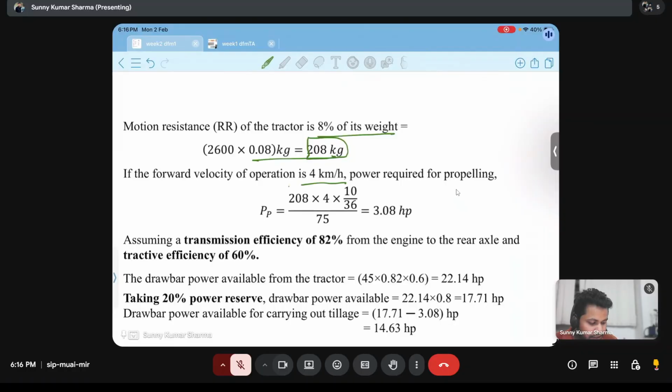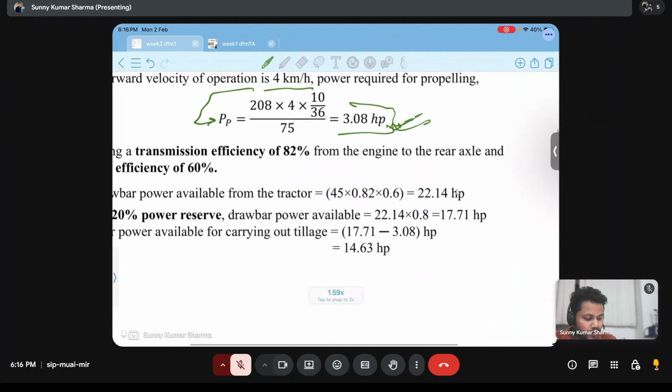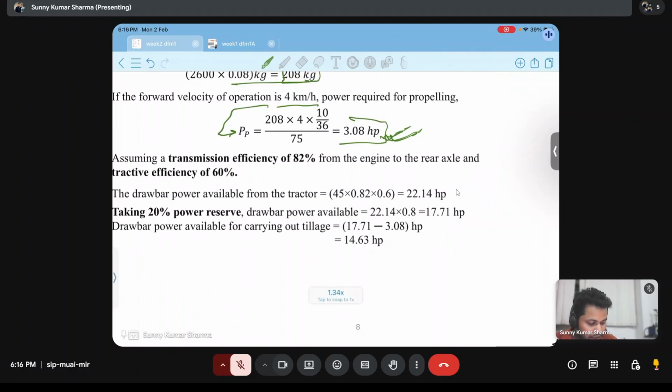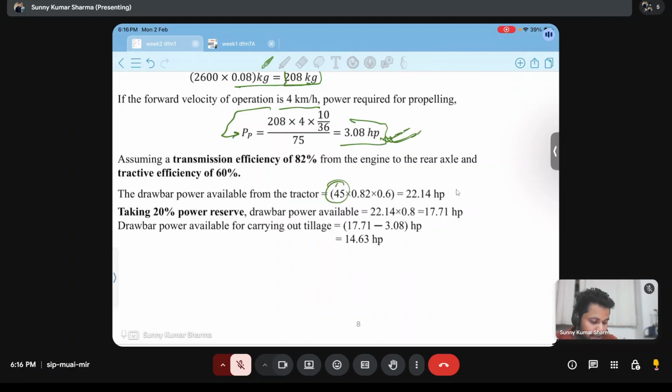So from there we will get that the power required for propelling will be 3.08 HP. This is the power required for propelling. And what is the power coming at the drawbar? The tractor power is 45 HP, 0.82 is the transmission efficiency, 0.6 is the tractive efficiency. From there we get 22.1 HP as the power available at the drawbar.